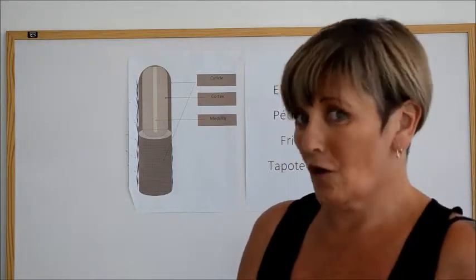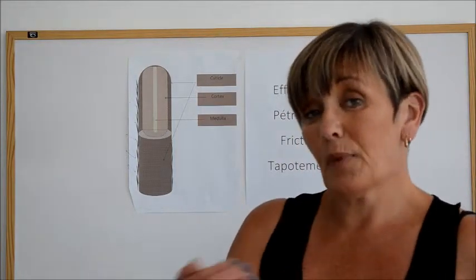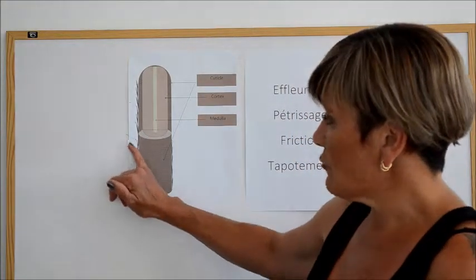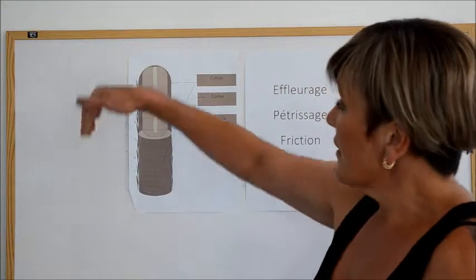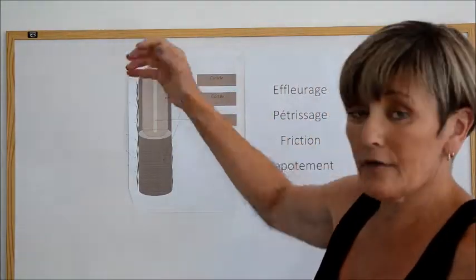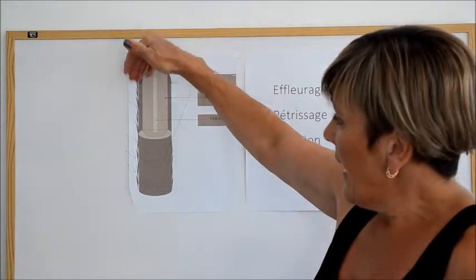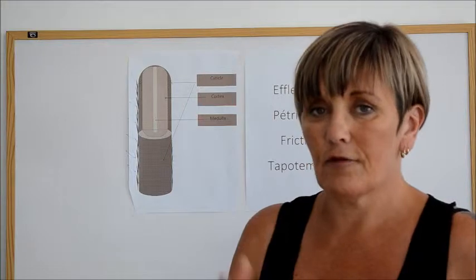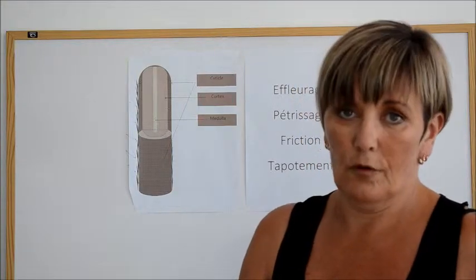An internal conditioner, on the other hand, is designed to penetrate the cuticle scales. So as I've said, once the shampoo has raised the cuticle scales, the internal conditioner will penetrate the underside of those overlapping scales, and it will sit and fill any gaps and repair the hair from the inside of the cuticle.